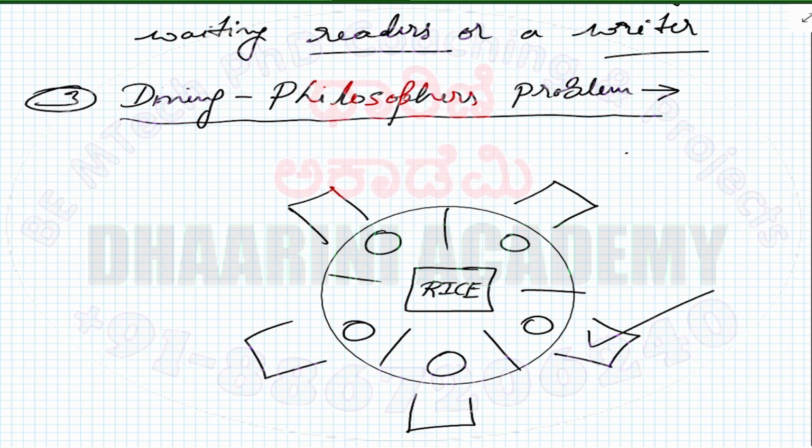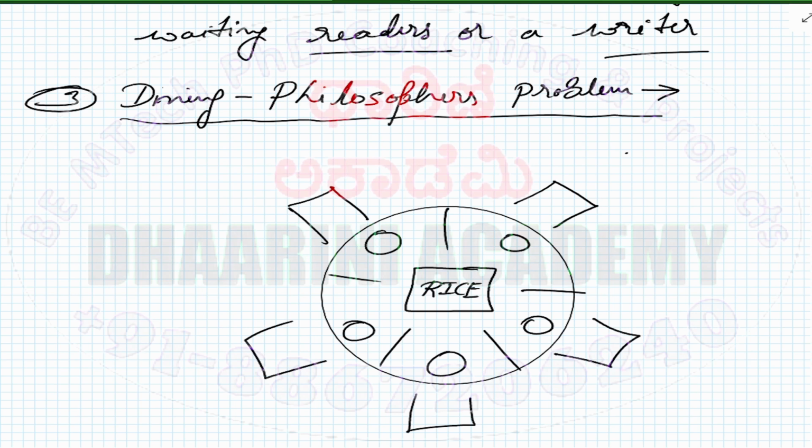But at some time you may find a situation that a philosopher may pick up only one chopstick at a time because the other one is not available, right? It's because a philosopher cannot pick up a chopstick that is already in the hand of a neighbor.